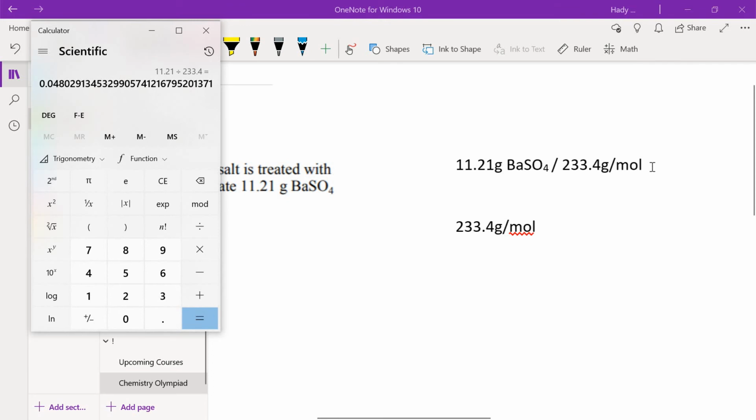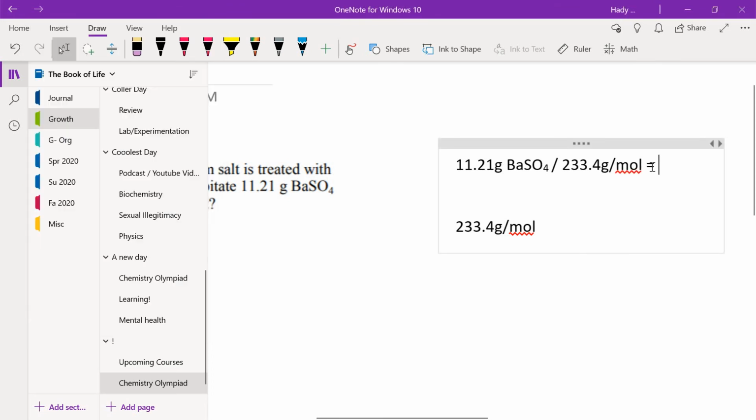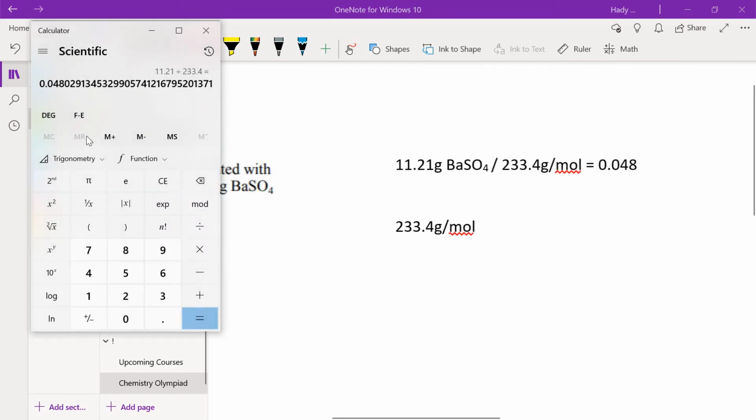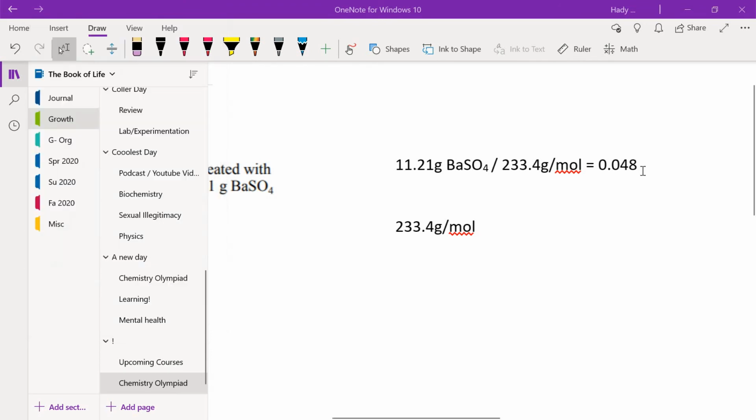So you have 0.048, and you only have to round this because all these answers should be pretty distant from each other. Although I have the bad habit of stopping when there's a 0, which isn't very accurate or reliable. So you have 0.048 moles of barium sulfate.